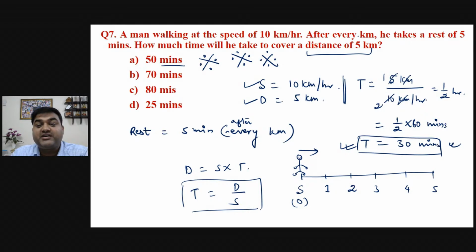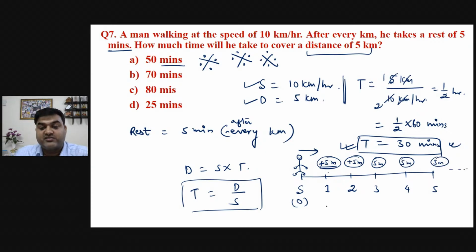Now after every kilometer he takes a rest of 5 minutes. So after reaching from here to here, he takes plus 5 minutes of time for resting. So 5 minute rest here. After reaching here, another 5 minute rest, again here 5 minutes, and so on as he travels, right?